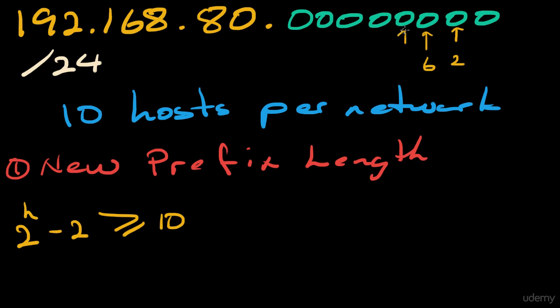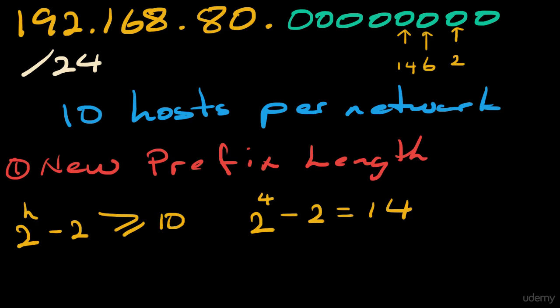If we took 4 host bits, then that would be 2 to the 4. 2 2s are 4, 4 2s are 8, 8 2s are 16. 16 minus 2 is 14. And that sounds like the right answer. So if h is 4, 2 to the 4 is 16 minus 2 is 14.